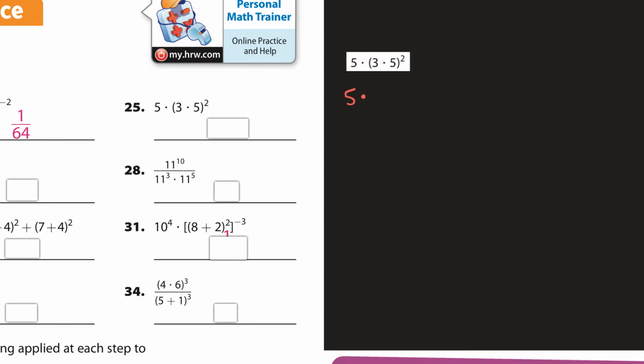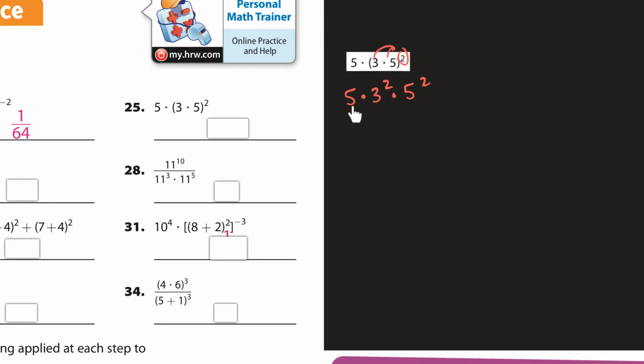They're saying that this could be times 3 to the second times 5 to the second. See that little baby 2 right there can go to each item, kind of like distributing them. And so now what you have is, I see that I have 5 times 5 to the second.